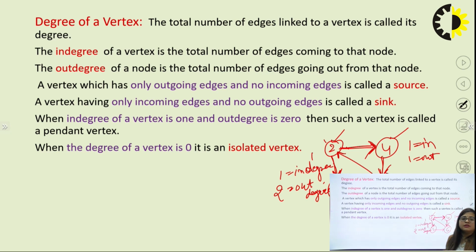And one more thing about degree: if you have an isolated graph, a single isolated vertex, there is only one node and no edges here. So what is the degree of an isolated vertex?